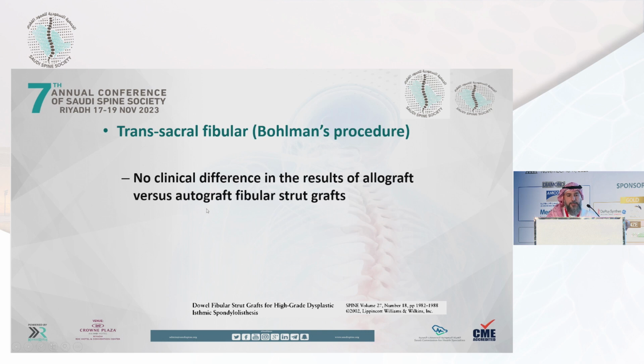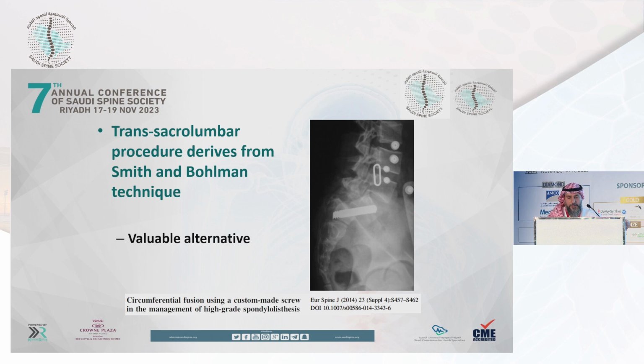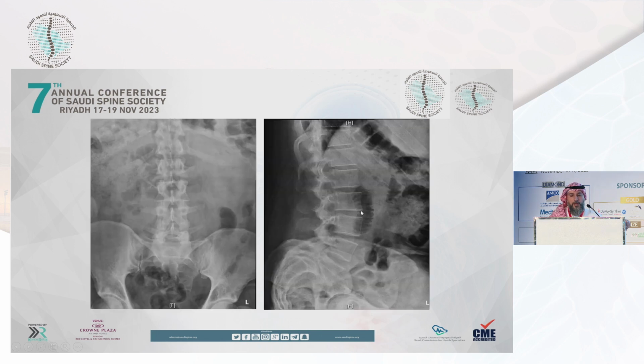Studies showed no clinical difference between allograft versus autograft or fibular strut graft. So if you have allograft, you can go with the allograft rather than the autograft. There is also the tantalum plug, another option that you can use to achieve the same result.